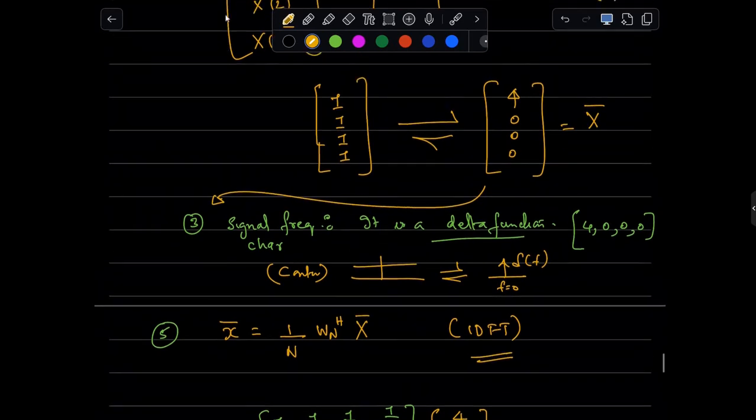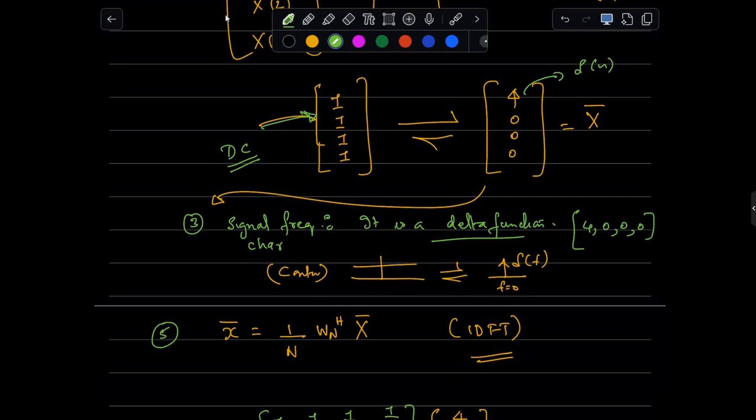And here also the signal is a DC signal, and I am getting something like a delta function. This is what's happening in discrete time also. So everything is very similar. You'll be getting the same shape, but here it is discrete. That's it. I hope everything is clear.